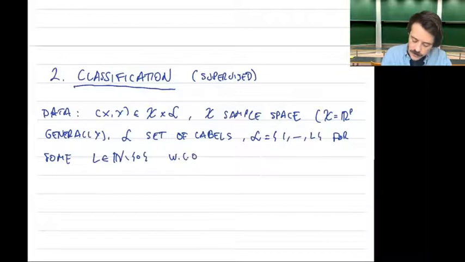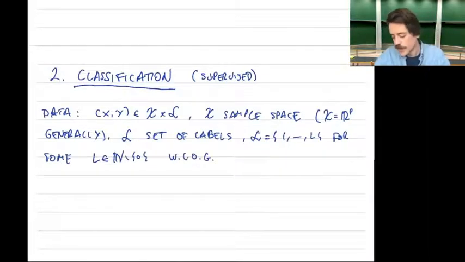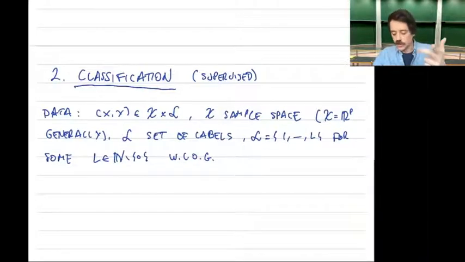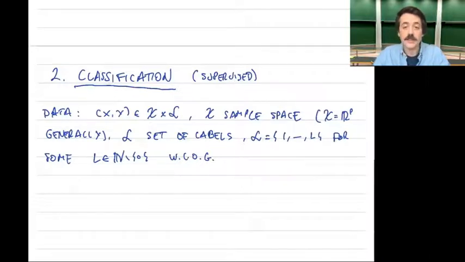Because we could be saying that the different labels are a car, a dog, a cat, and so on, but we can still assign numerical values to them, right? And so if we say that we have capital L labels, then our calligraphic L, we can simply write it without loss of generality in this form, 1 to capital L. Okay.